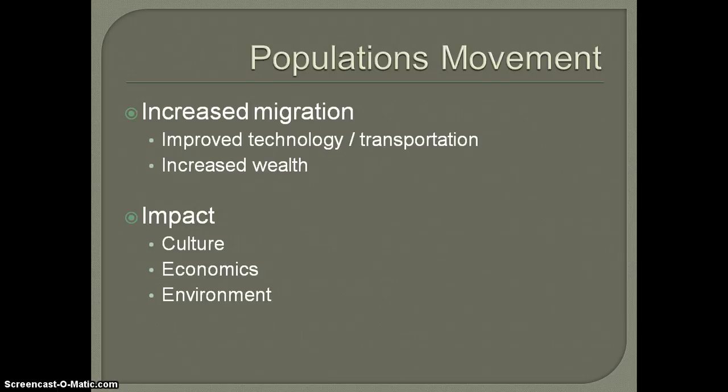So more people are gaining wealth, which means they have the means to move to a new location. But not only that, if they have more money, they're probably better educated, and are capable of getting a better paying job in another country somewhere. So anyway, these things are allowing people to have greater freedom in their mobility and in their ability to move to a new place. So we're seeing increased movement of people across the world.